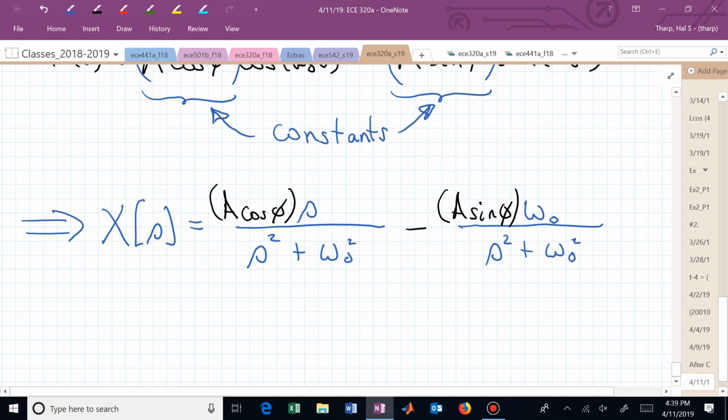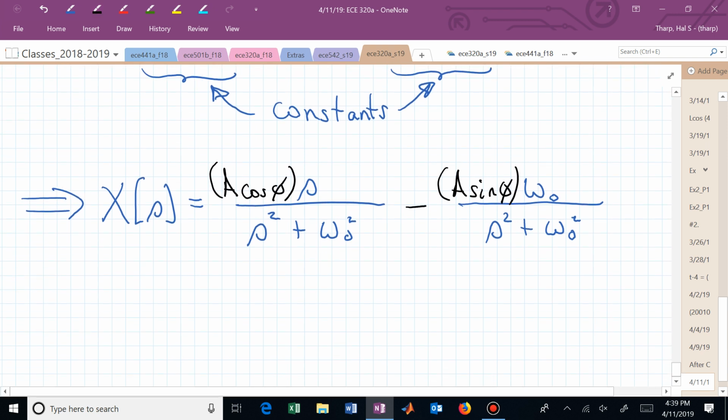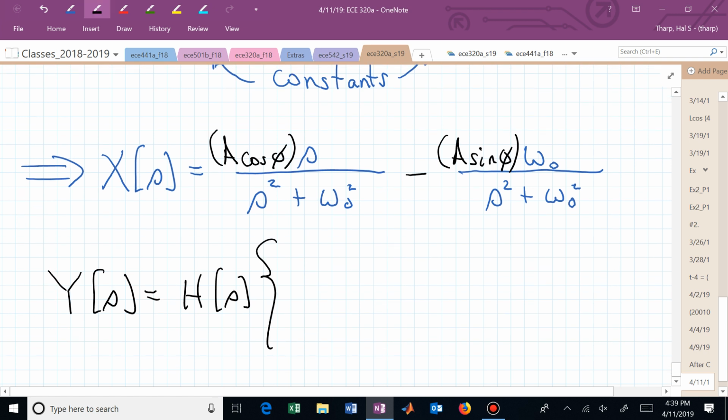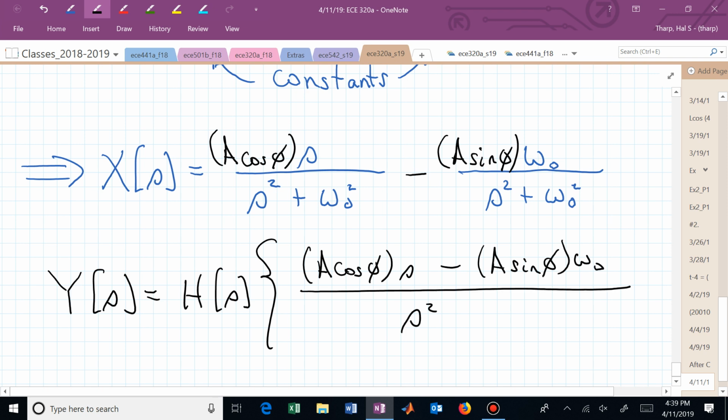And if we apply this to a generic linear system, where we're calling that generic linear system capital H, then Y of S is now H of S times this mess: a cosine phi S minus a sine phi omega naught all over the same denominator, S squared plus omega naught squared.